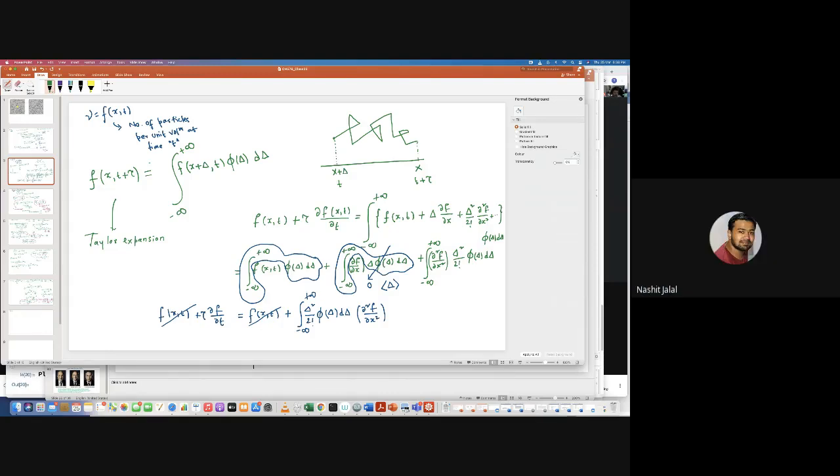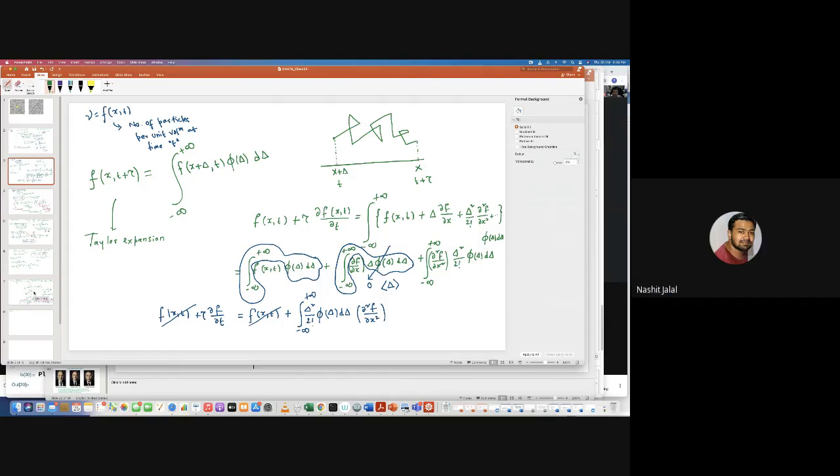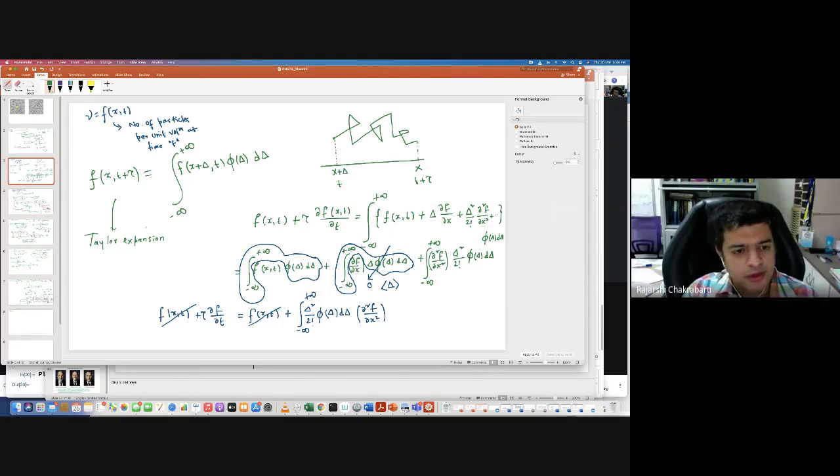Another thing, in the Taylor expansion, t is expanded up to order 1 and x is expanded up to order 2. Is there a particular reason that we use this? I don't know, because you can include a t square term, but this is going to be very, very small.